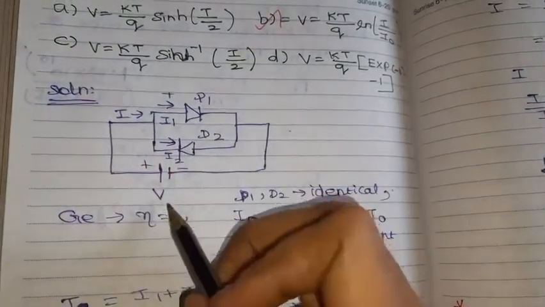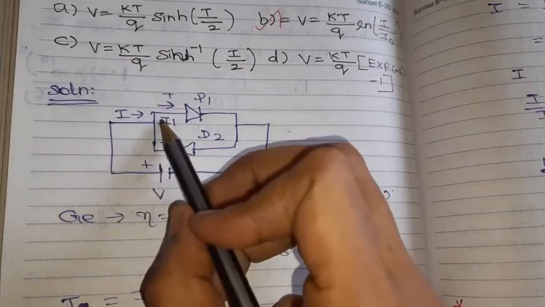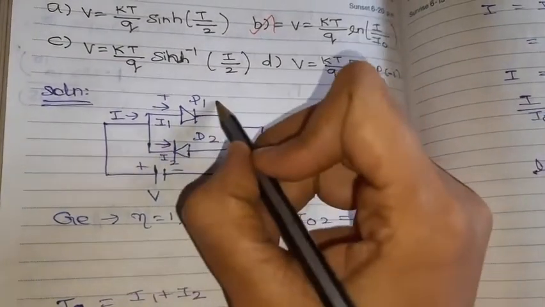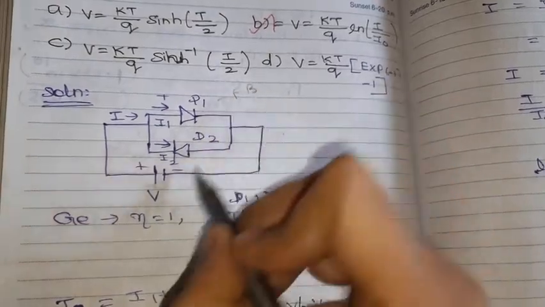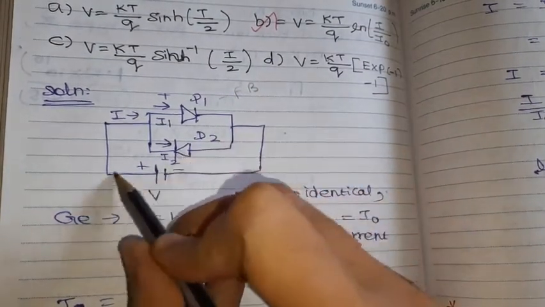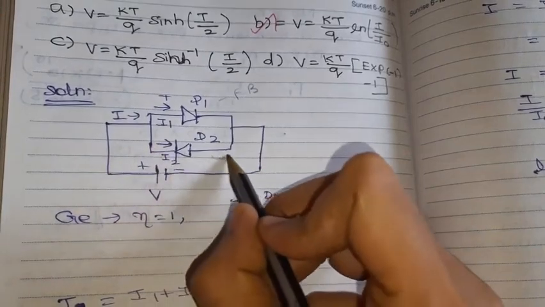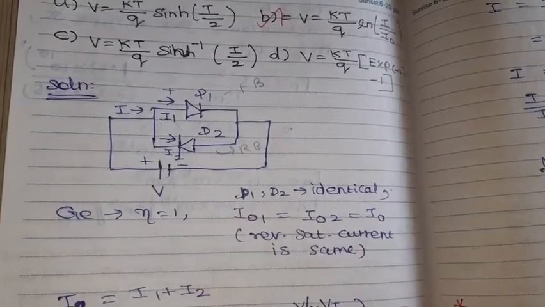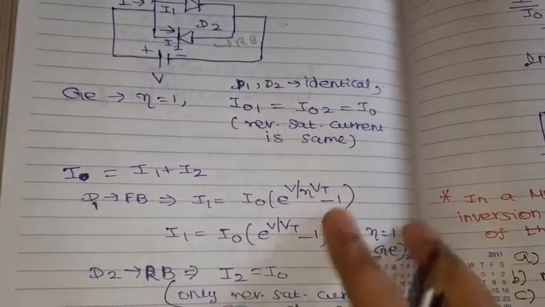Then see, this diode is connected to the positive terminal and this is connected to the negative terminal, so D1 is forward biased. This one is connected to the negative terminal and this is to the positive terminal, so D2 is reverse biased. So D1 is forward bias and D2 is reverse bias.